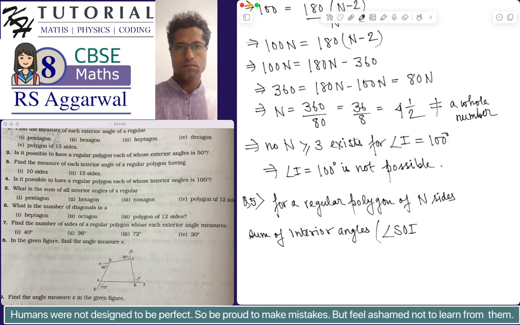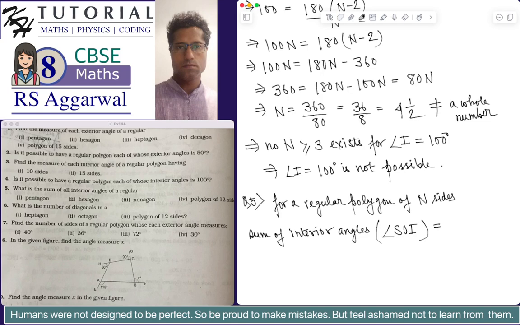Even though this seems to be a weird symbol, anyway, let's say SOI means the sum of interior angles. What is the formula for a regular polygon of n sides?